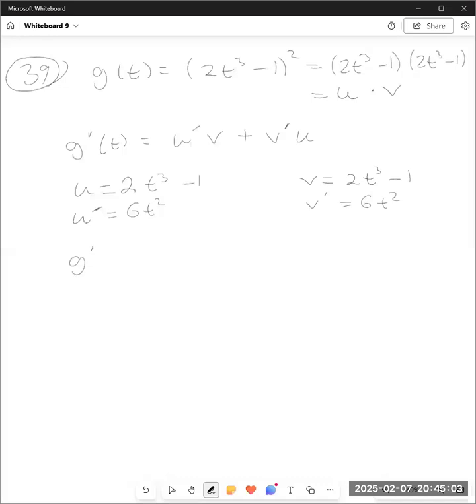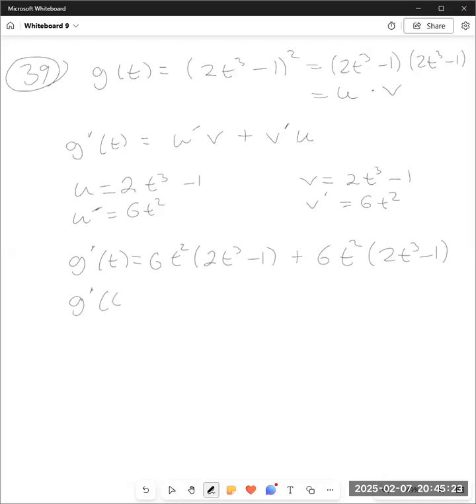So g prime of t is 6t squared times 2t cubed minus 1 plus another 6t squared times 2t cubed minus 1.